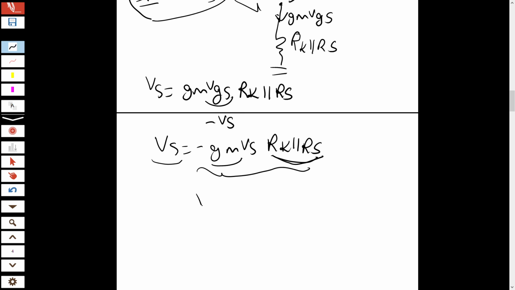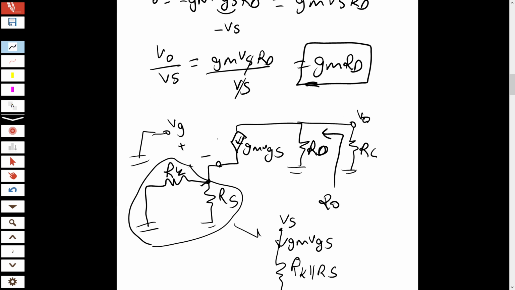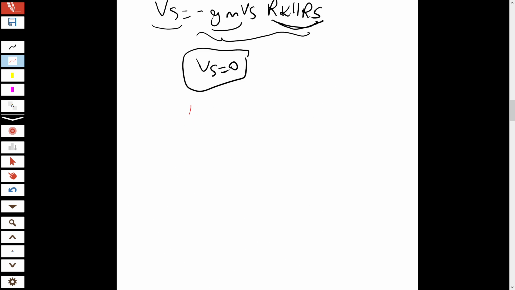Only one way: if V source is 0. So gm VGS is 0, and there will be no current passing through. Our output simply becomes RD.